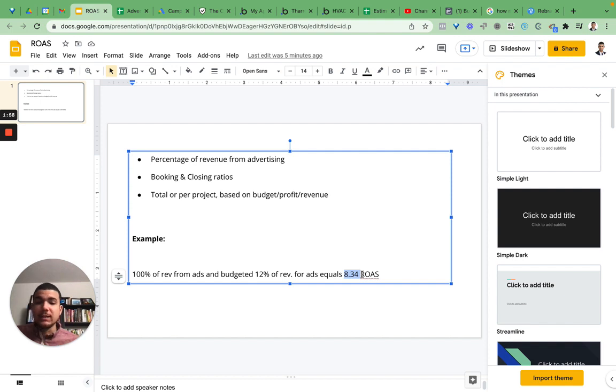Going up or down eats into your profit, so be careful with that. But in general, if you're budgeting 12% of your revenue on ads and it makes up 100% of your revenue, you need a return on investment of 8.3. So just take whatever your percentage is divided by whatever you're budgeting for it, and that gets you your ROAS.